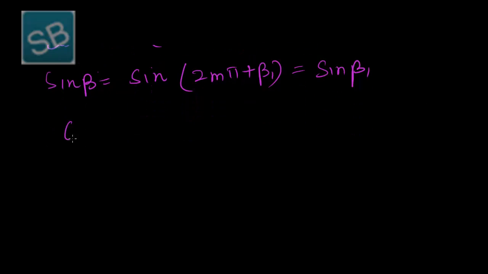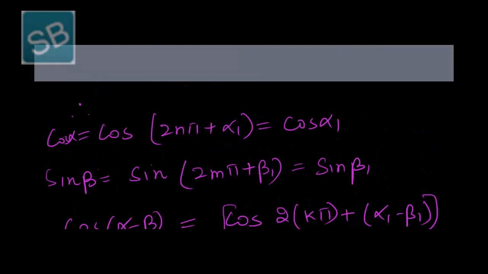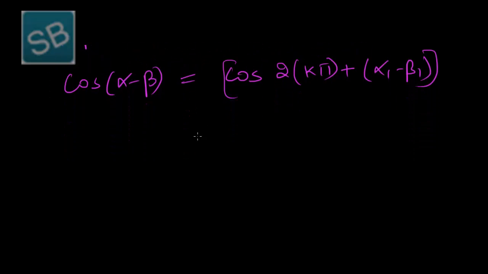Now we have cos of alpha minus beta, that is cos of 2k pi plus alpha 1 minus beta 1, as we name k is equal to n minus m. So it becomes cos of 2k pi plus alpha 1 minus beta 1.